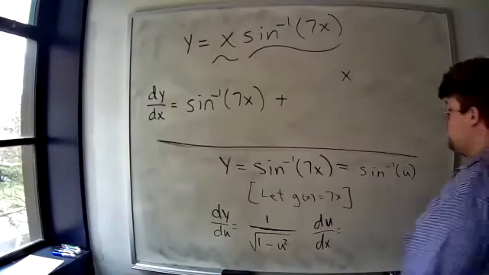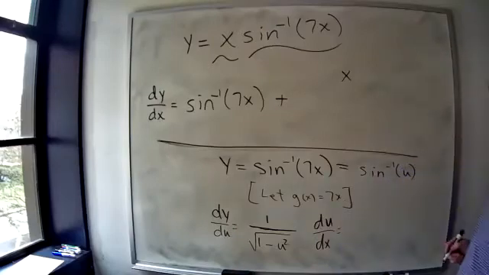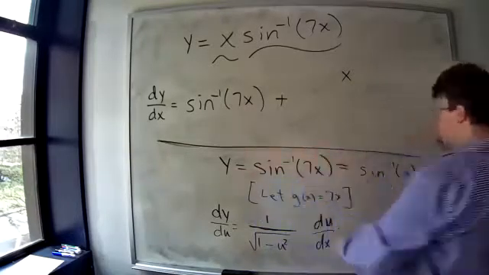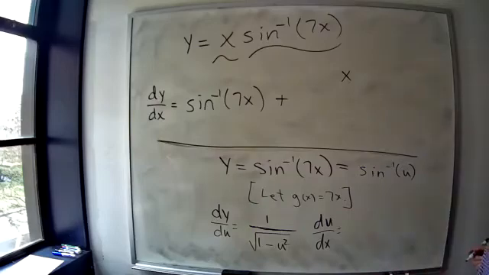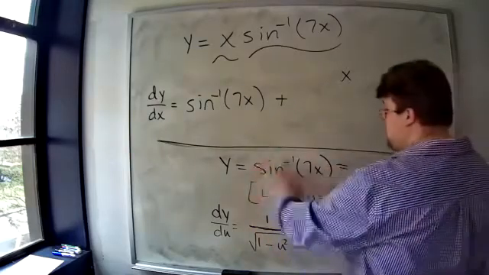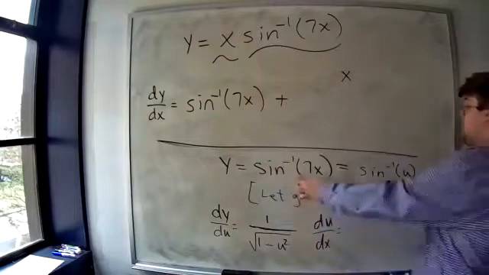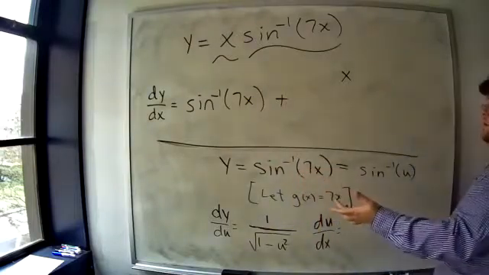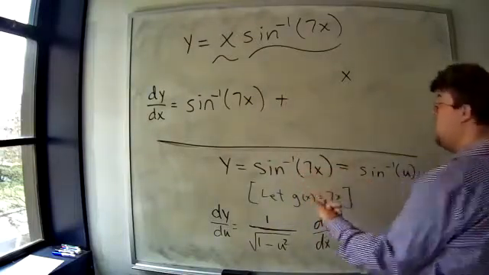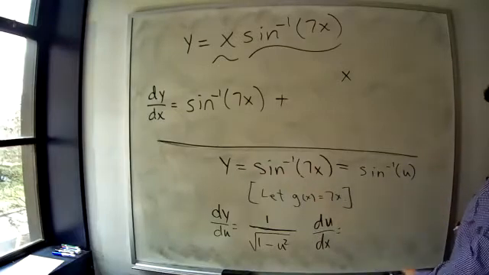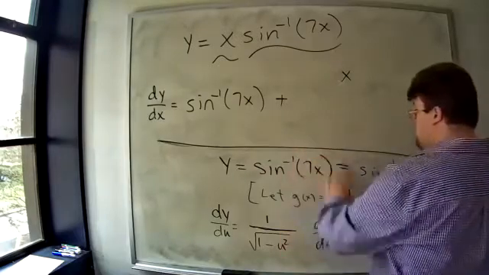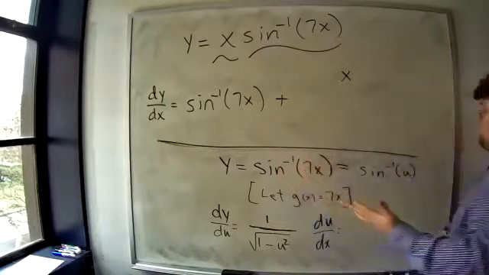So here, the choice of u allows us to reduce our derivative computations to our 22 rules from the derivative rules document. In that document, we have a rule for taking the derivative of inverse sine of a single variable on the inside. But we don't have a rule for taking the derivative of inverse sine of 7x.